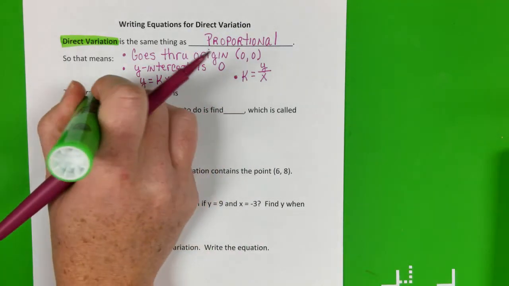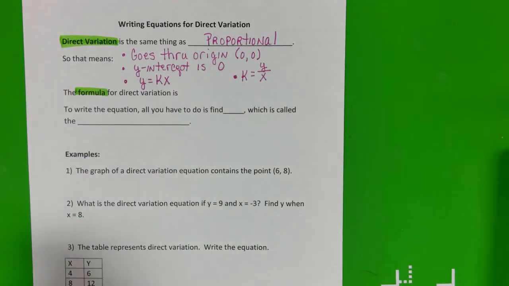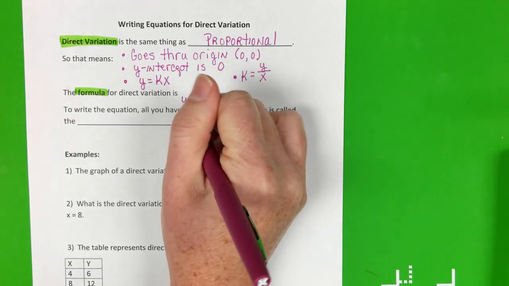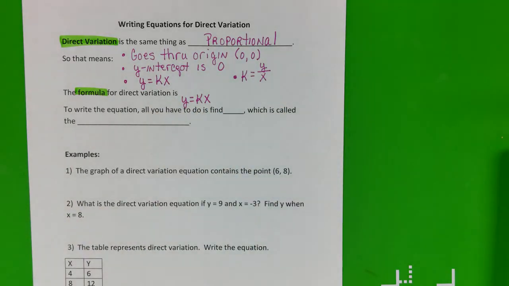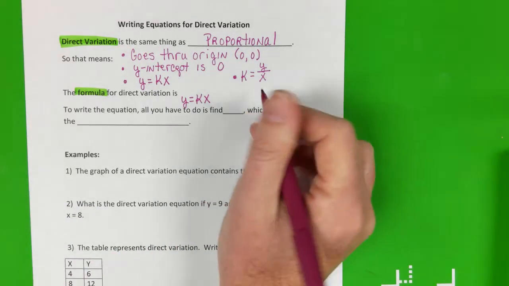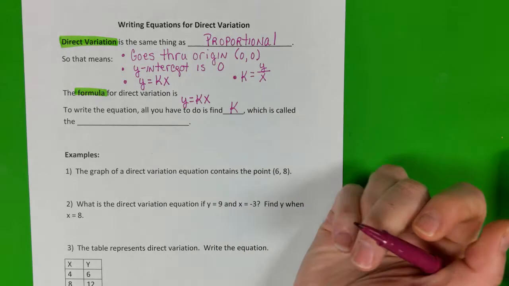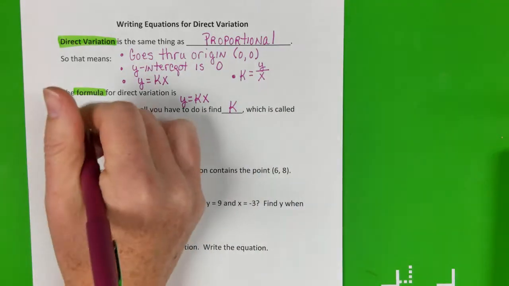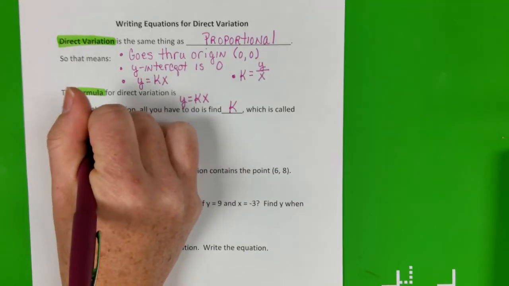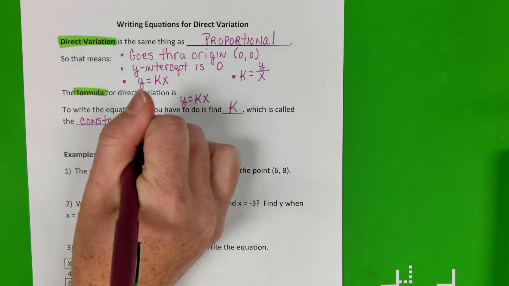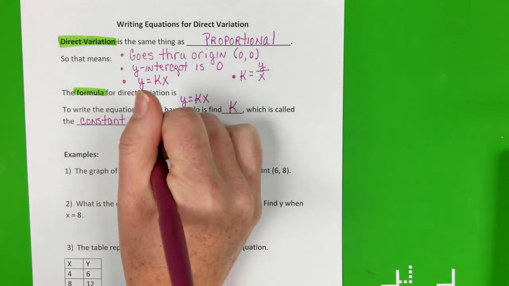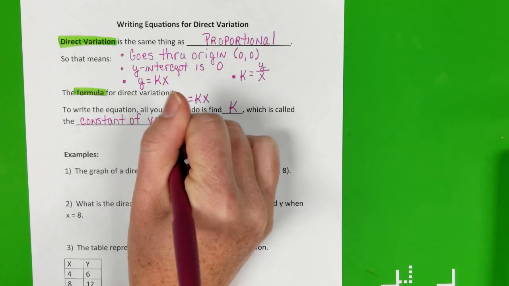Now, the formula or the equation for direct variation, again, is just y equals kx. We know that. And in order to write the equation, all we have to do is find k, which is called the constant of variation.